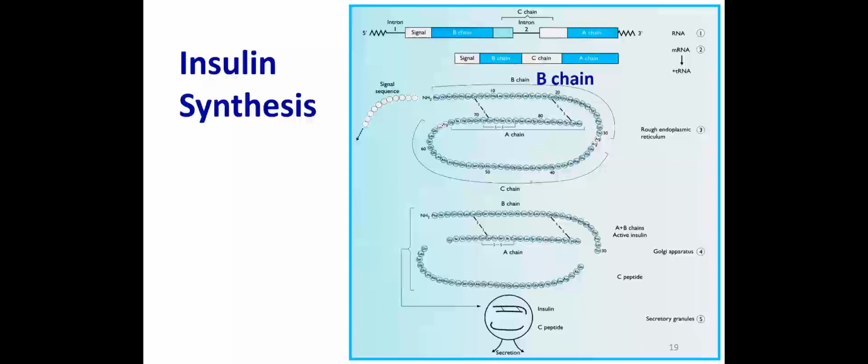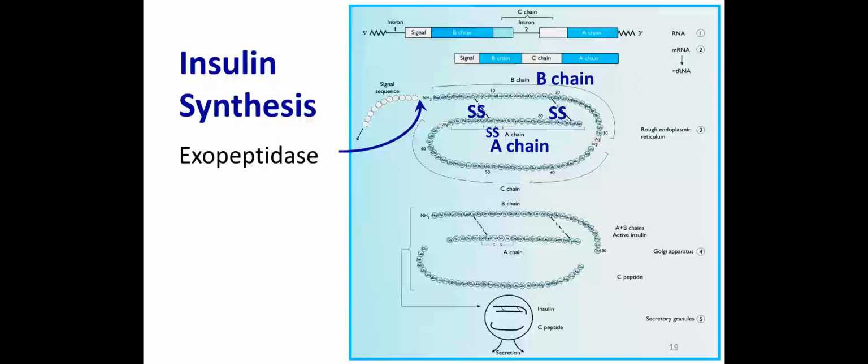So this is the B chain here on top, the A chain underneath, and then the three crucial disulfide bonds, two of them between A and B, and the third one is an intra-disulfide amongst the A chain.